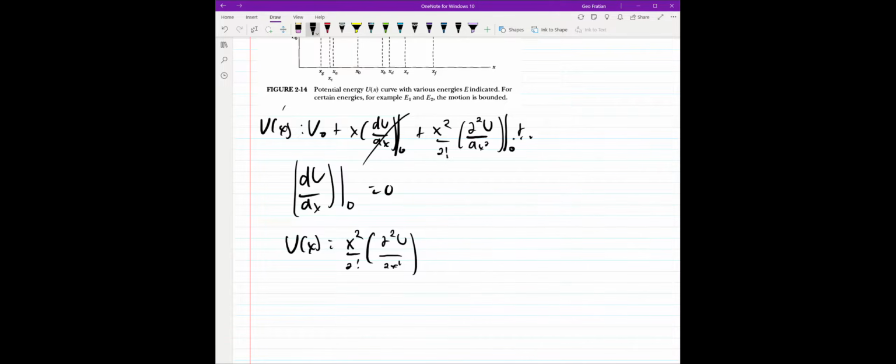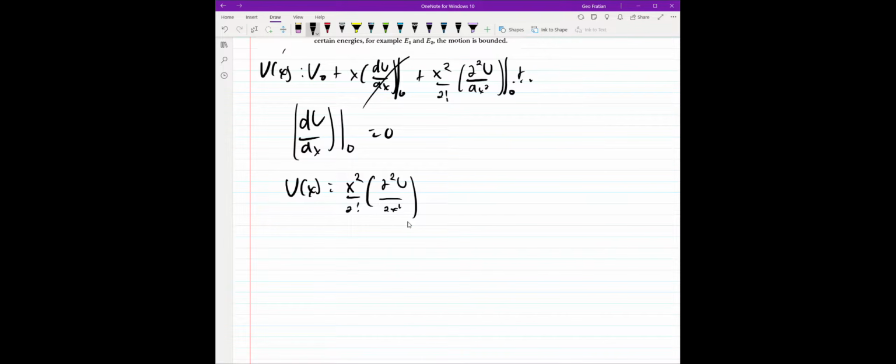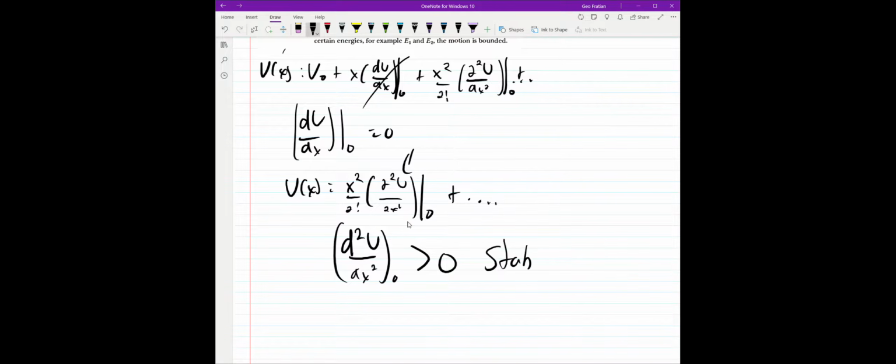Okay, so now that we know the second derivative is the important one, we need to determine if it's stable or unstable by examining this right here, which of course has the other terms of the Taylor series expansion. So if the second derivative at 0 is greater than 0, stable, yay, we're done.